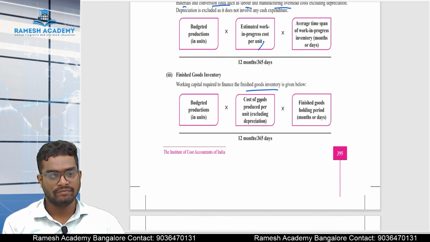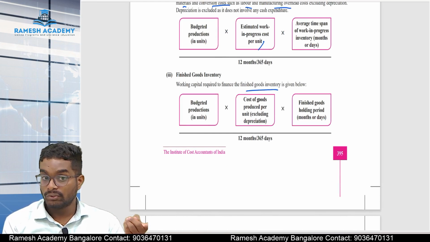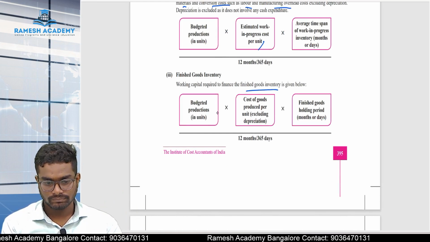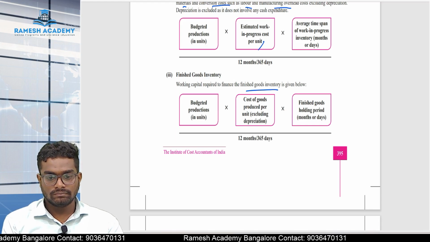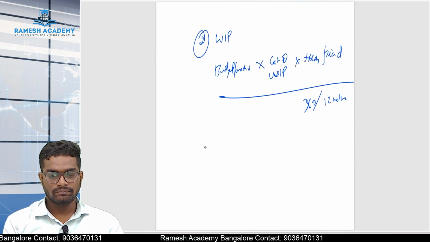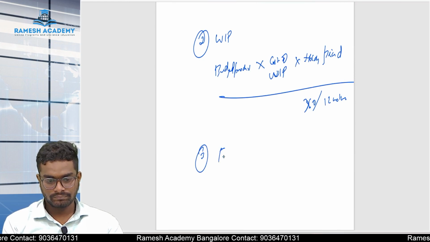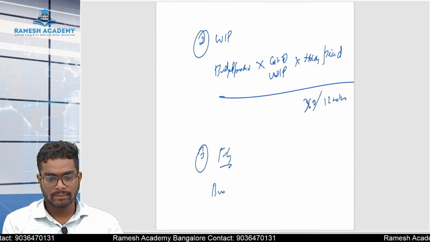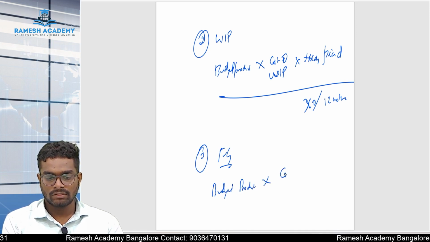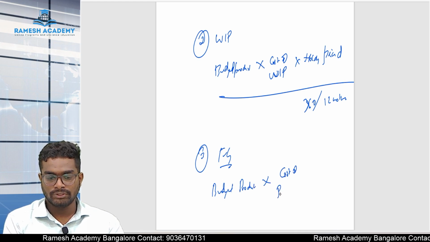So we have to maintain the finished goods also, in the showrooms. So the formula is budgeted production into, here also, cost of production into holding period.